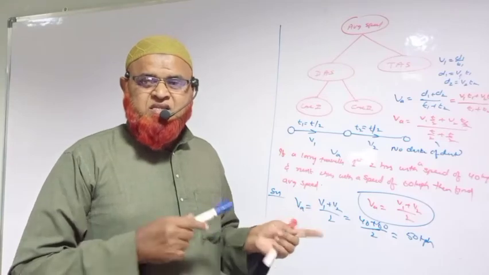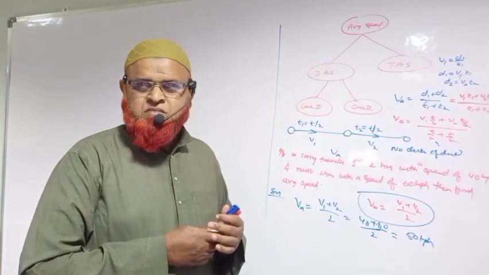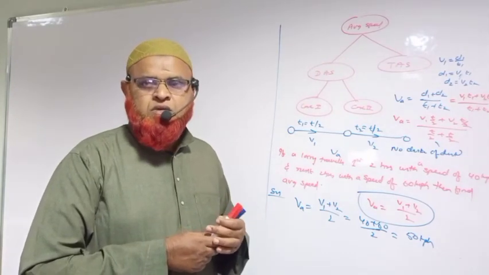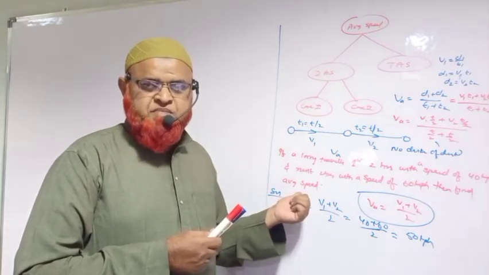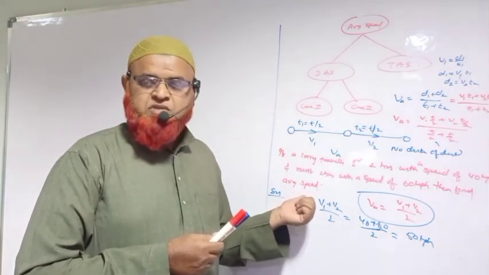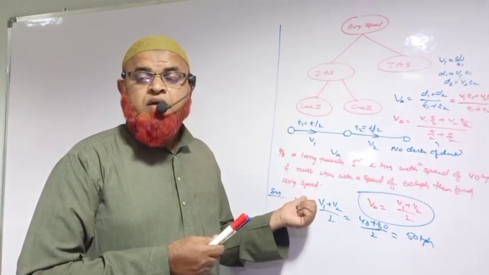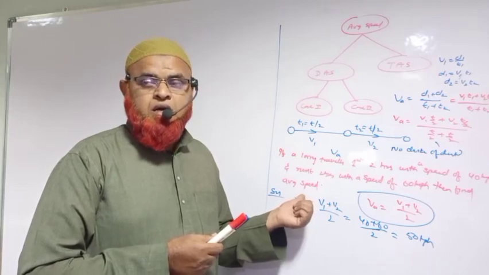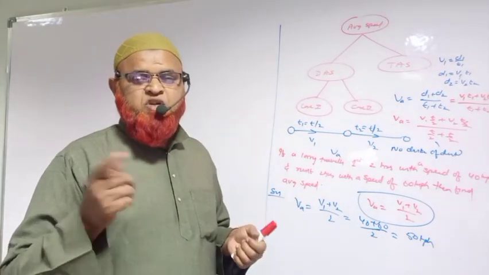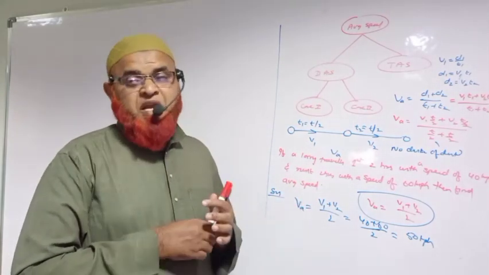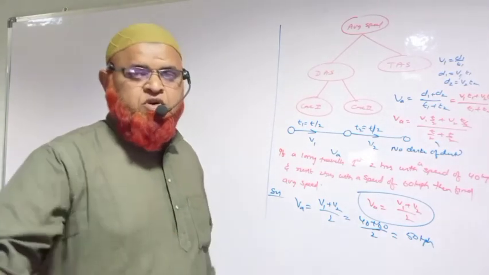In mathematics there are many types of means. This v1 plus v2 by 2 is called the arithmetic mean, the average of all the numbers. The harmonic mean is 2v1v2 by v1 plus v2. That's it. So this is about average speed.